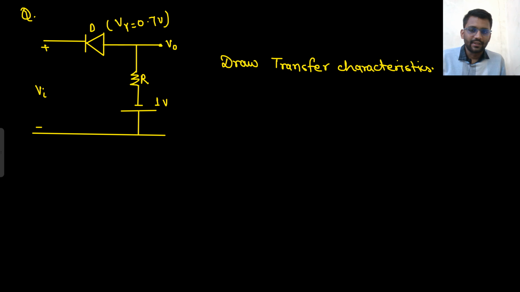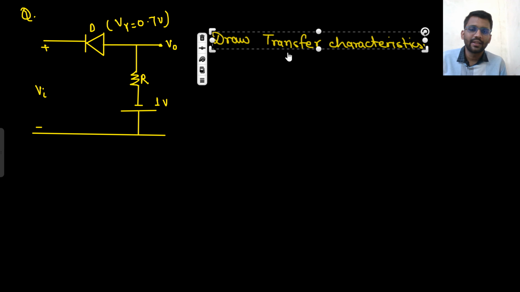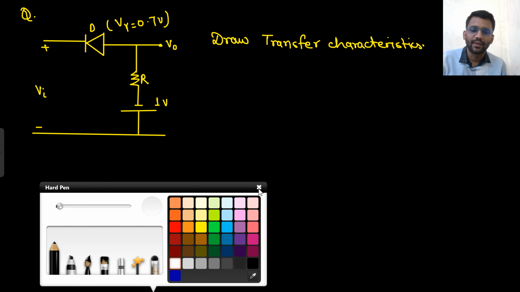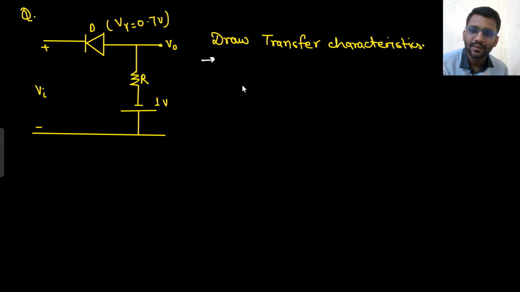Okay, let's move on to the next circuit. So you need to draw the transfer characteristics. Okay, now the diode is not ideal, so what you will do, you will take the battery out of the diode. This is my V in. Now you will take the battery out of the diode and do the open circuit analysis.